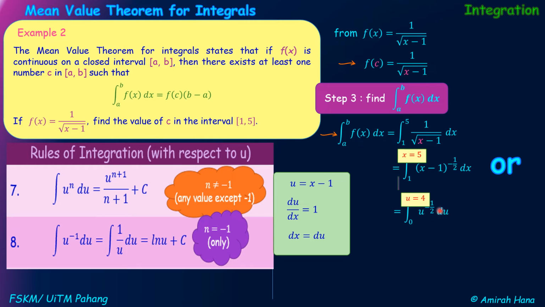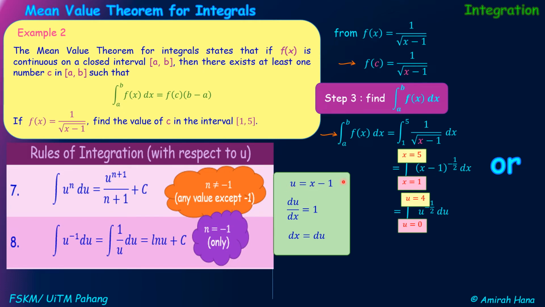Right? And then from here, since we have variable x here, means the lower limit here equals the value of x, means x equals 1 for the lower limit. Okay, then we need to find the new lower limit. Okay, how we get 0? 0 here means the value of u. Okay, from here, we substitute 1 into variable x here.